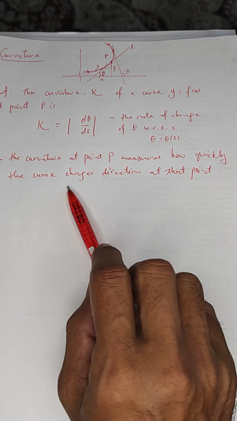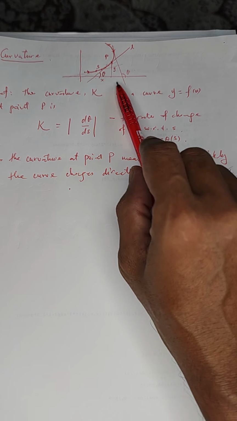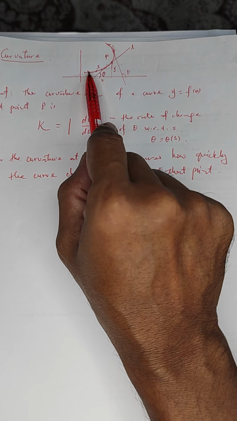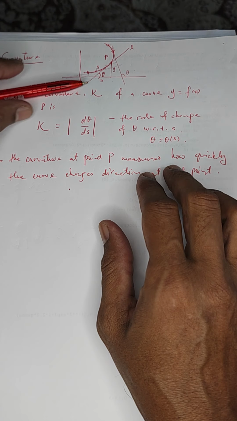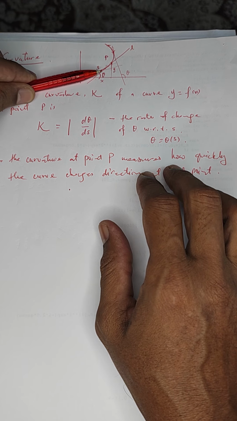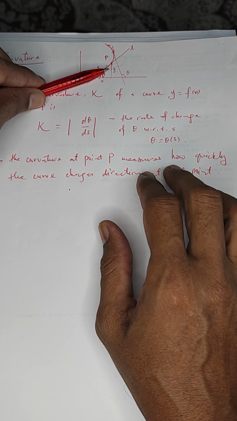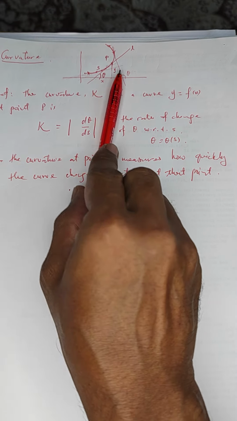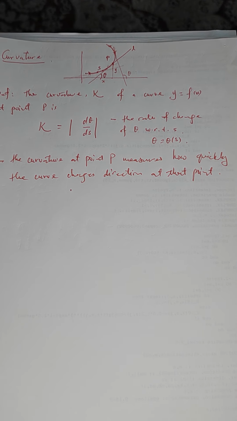I have explained what we mean by change of direction. If I put my pen here like this, you can see the change is quite slow here, and then quite fast here, and quite big there. So that means a change of direction.